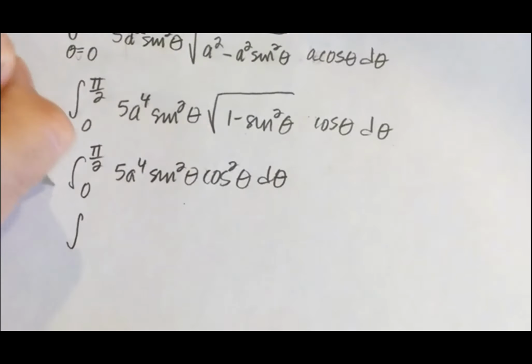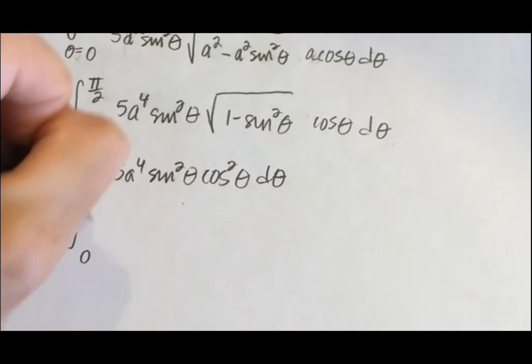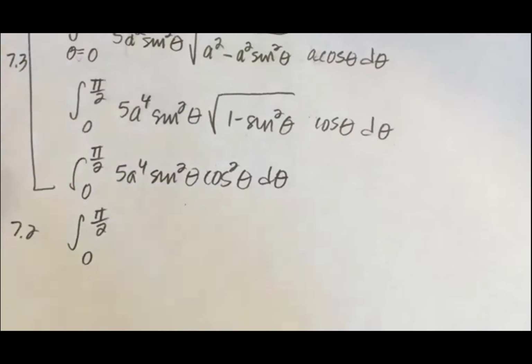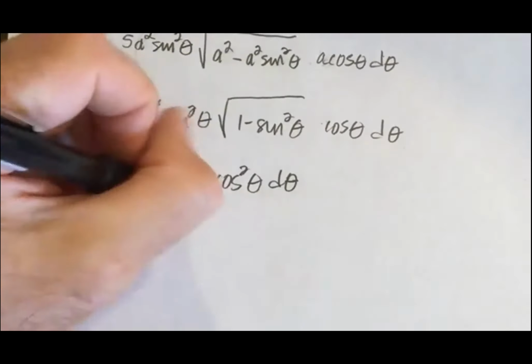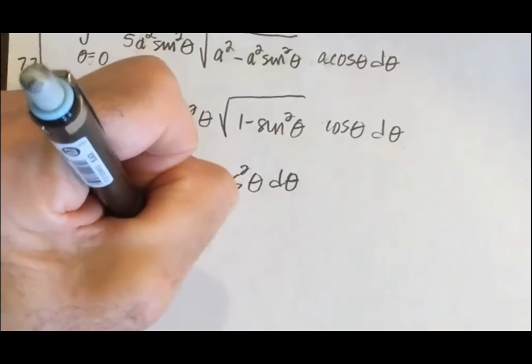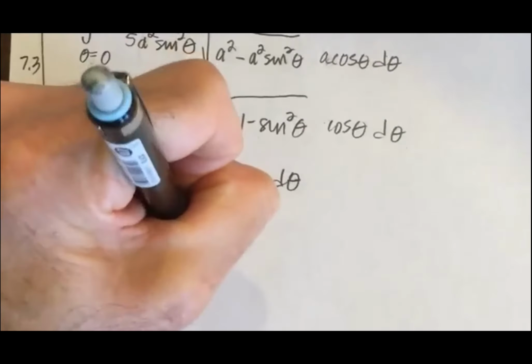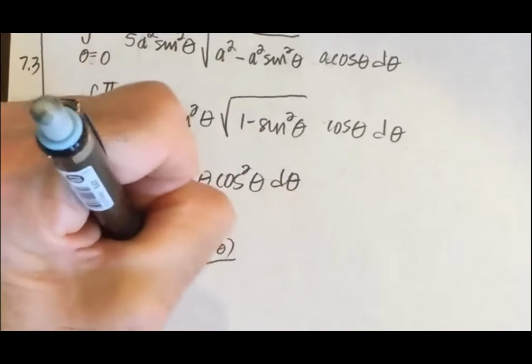That was it for 7-3. This was all 7-3. And now we're on 7-2, right? So 0 to pi over 2. I can pull out the 5a to the fourth. And then in here, I'm going to put 1 minus cosine 2 theta over 2.